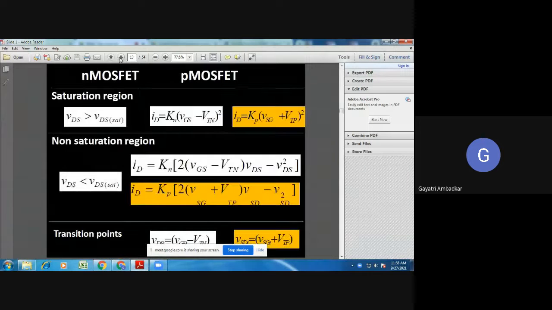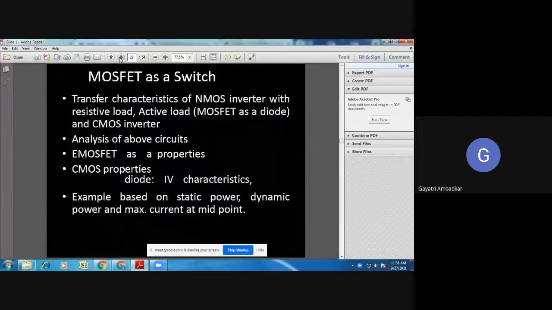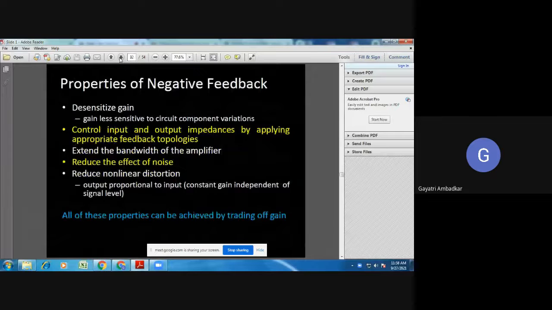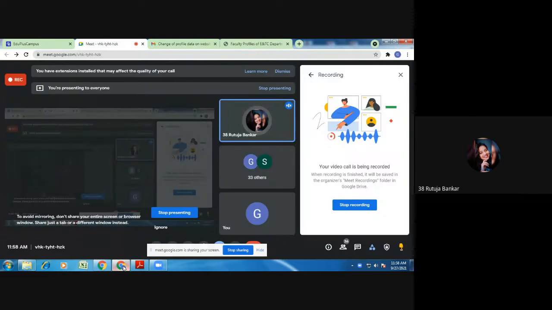Last time we have seen what is sampling, what is mixing, what are different types of feedback topology. Can anybody tell me what are the different types of feedback topologies? Voltage series feedback, voltage shunt feedback, current series feedback, current shunt feedback.